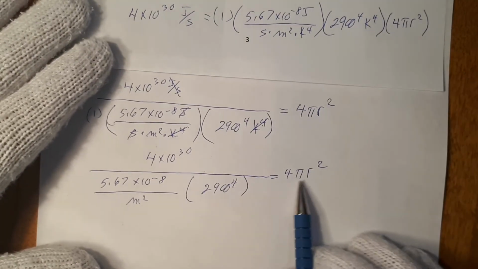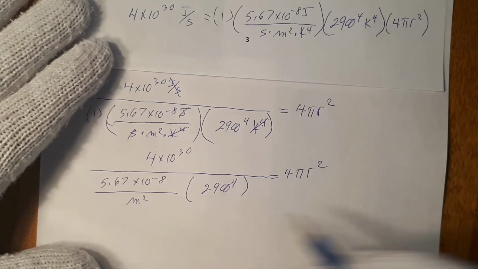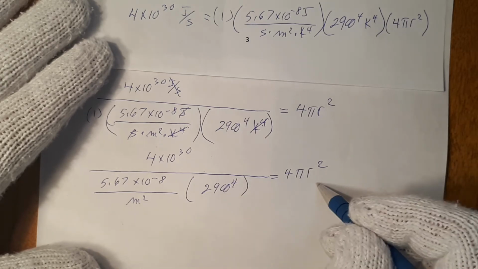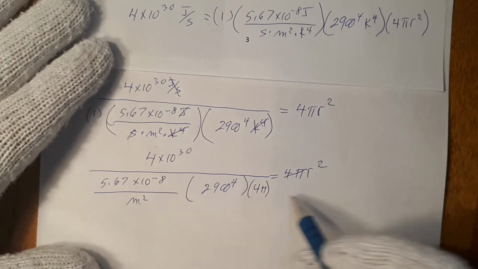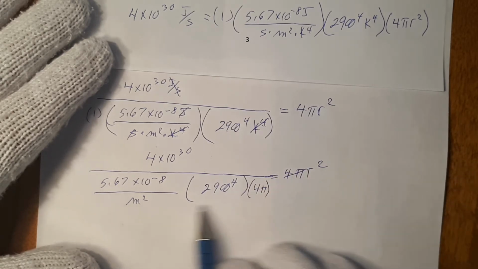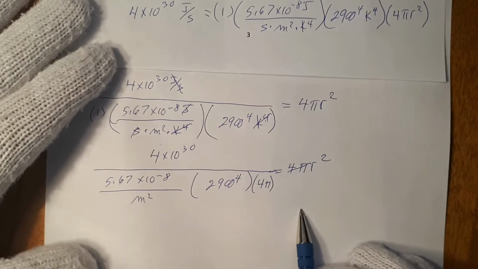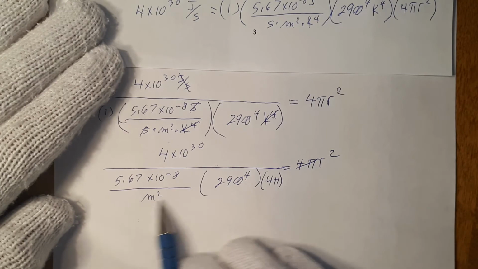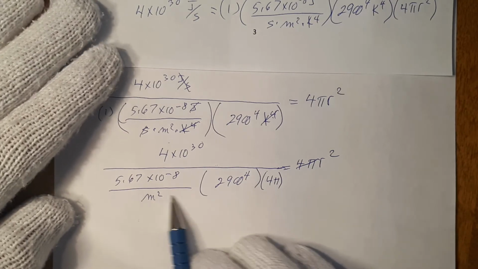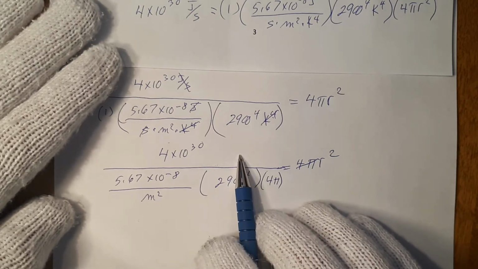What we need to do now is take 4 pi and bring it to the left-hand side. So if I divide both sides by 4 pi, it effectively brings it to the left-hand side. Is equal to r squared. Meters squared, when this is done, is going to come to the numerator.